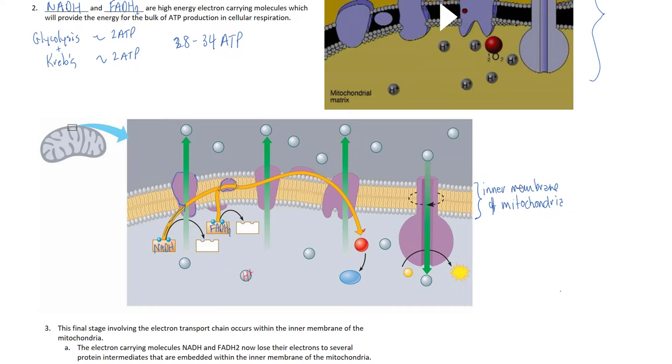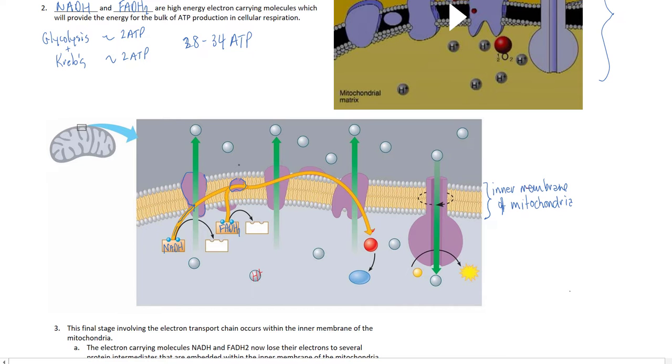Much like we talked about before, the cell membrane is dynamic, and that means there's fluidity to it. These proteins aren't static, but they can in fact move along. All of these proteins have been identified and have specific names, but we don't need to worry about that right now. We're just looking at the fact that these high energy electron carrying molecules are going to pass their electrons along to these proteins embedded in the cell membrane.